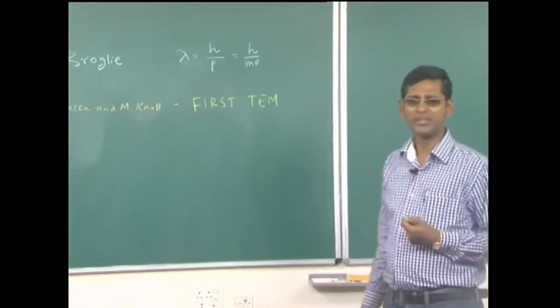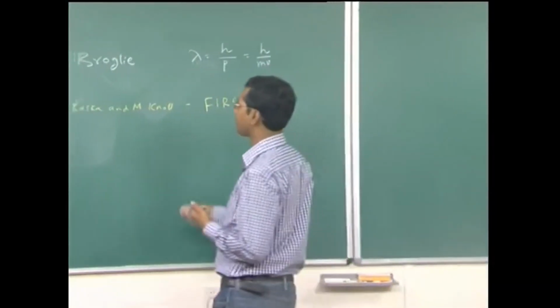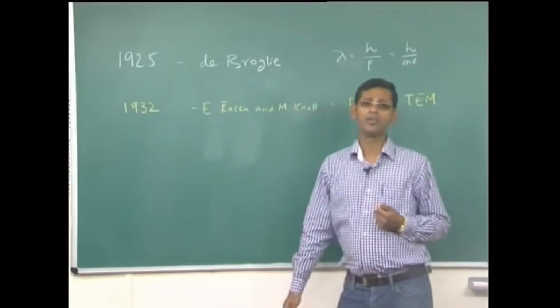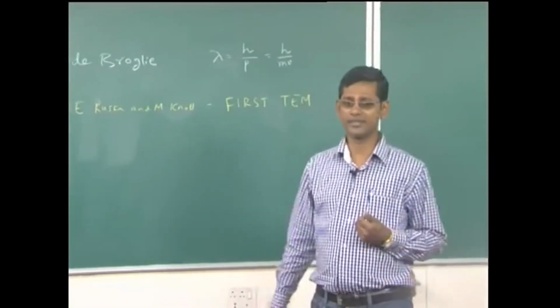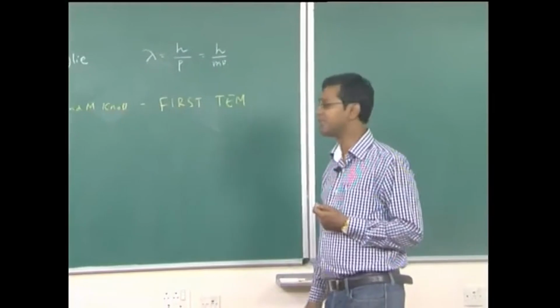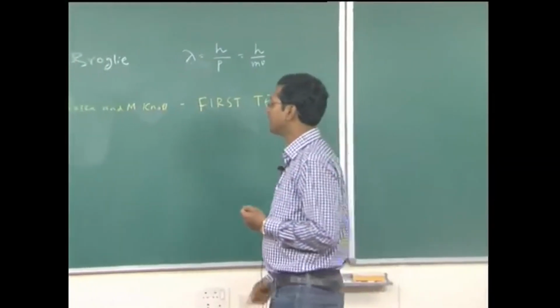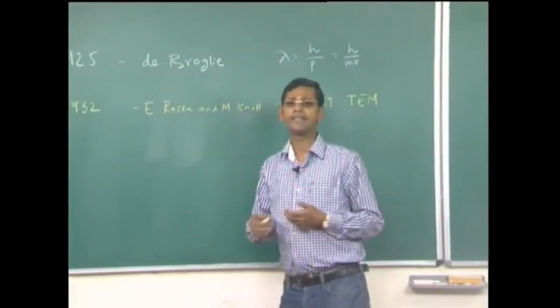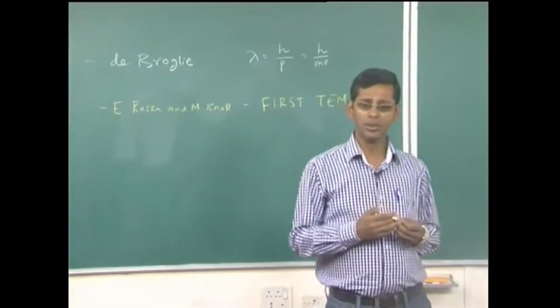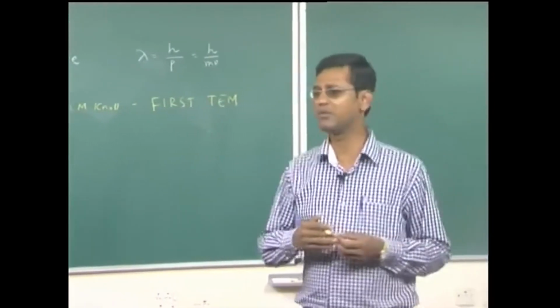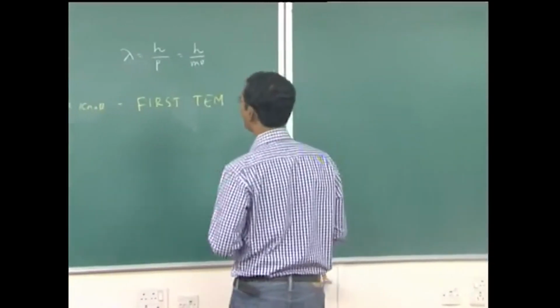This was a major discovery, and for it, in fact, Hans Ruska won the Nobel Prize in 1986, after almost 50 years. So this set the tone that electrons can be used as an imaging tool. People knew it because electrons can have a very small wavelength.